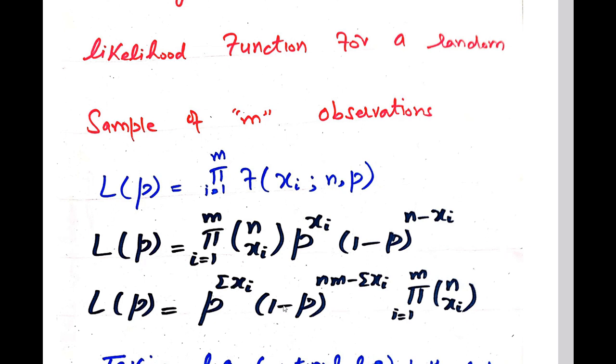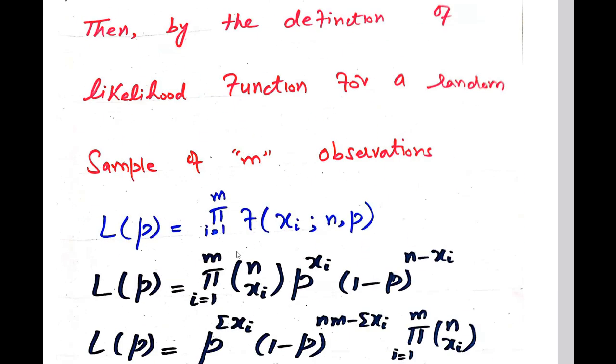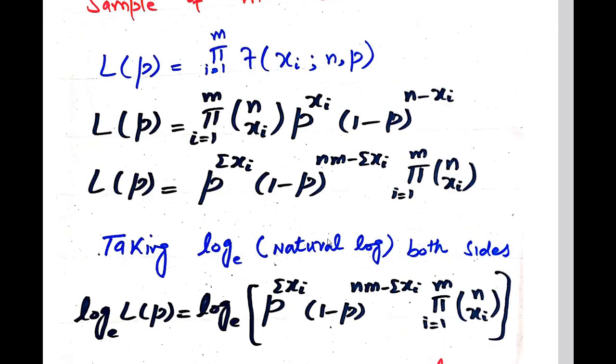Similarly, for 1 minus p, the power is nm minus sum of xi, because n is already present and it is multiplied m times. Then the product for i varies 1 to m of nC xi. So this is how we solve the likelihood function.